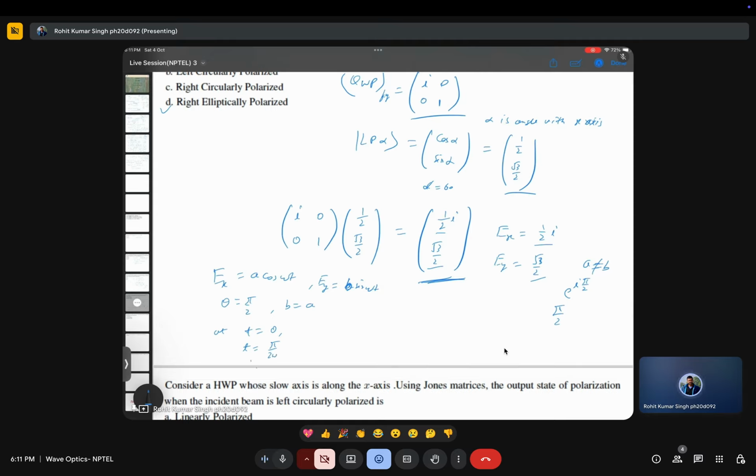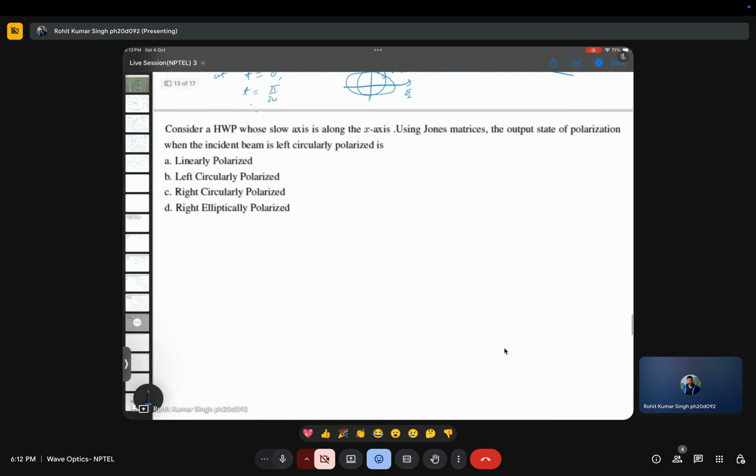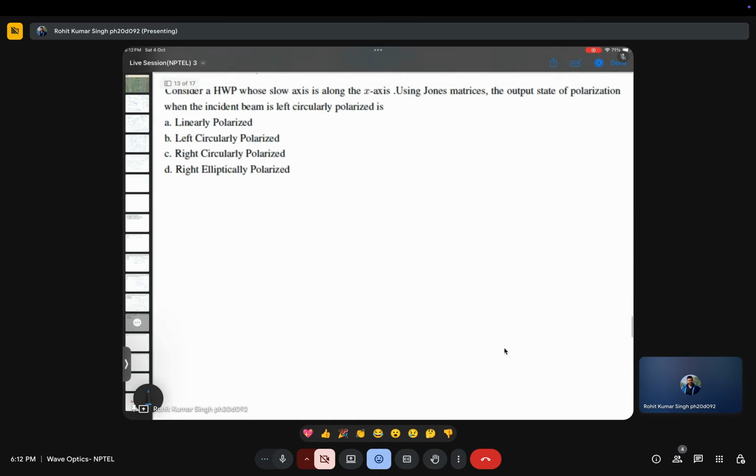And from here we concluded that this case will give you a right circularly polarized light. Do you remember? So similar thing you can check for this. Okay. So you will see that you will get an elliptically polarized light like this. Okay. So moving on.